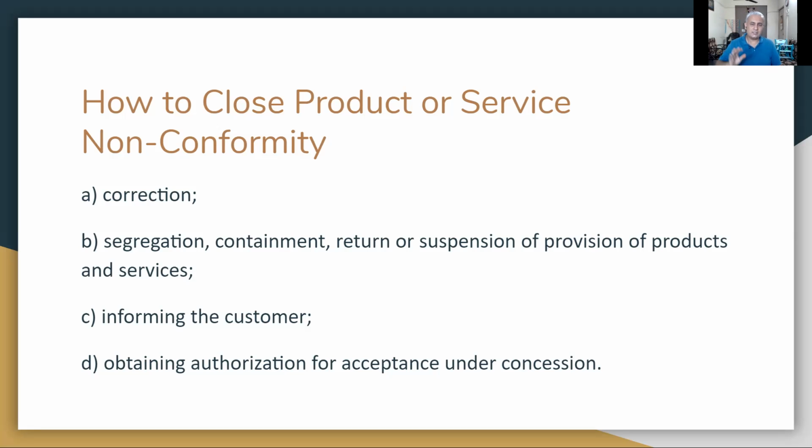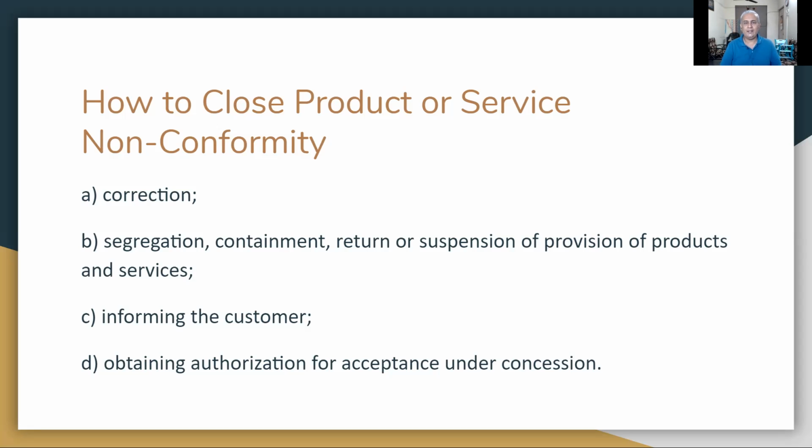If the customer accepts, well, nothing like it, and you can ship it as a contained product with a specific label mentioning that this is a contained product after the authorization and acceptance under concession. If the customer says, no, we would not like to pick up goods which are 11.6 inches in length, we want 12 inches, in that case, what to do?